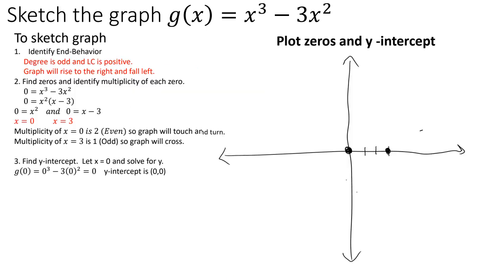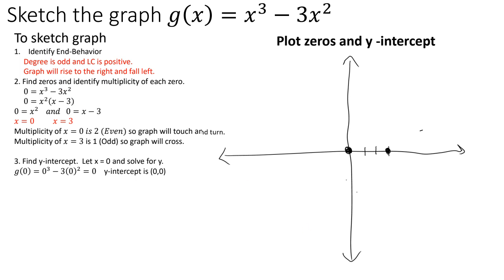And so to graph everything, we'll put it together. So first, go ahead and plot the x-intercepts, which is at 0, 0 and 3, 0. Then plot the y-intercept, which happens to be the same one here. Now we're going to apply the end behavior and the multiplicity to these 2 points here. So the end behavior says that the graph will rise to the left.